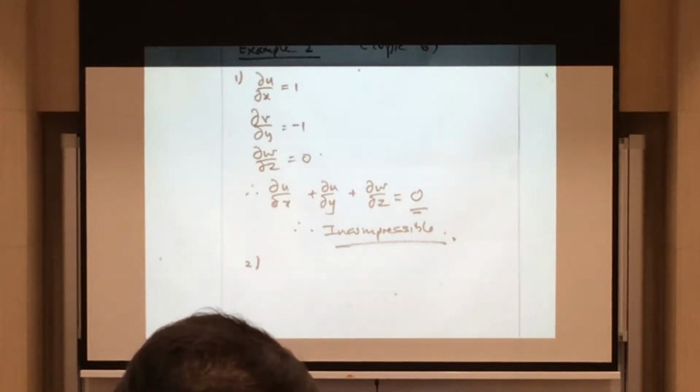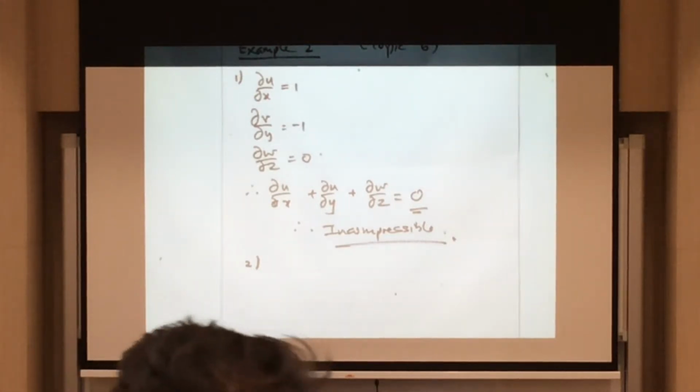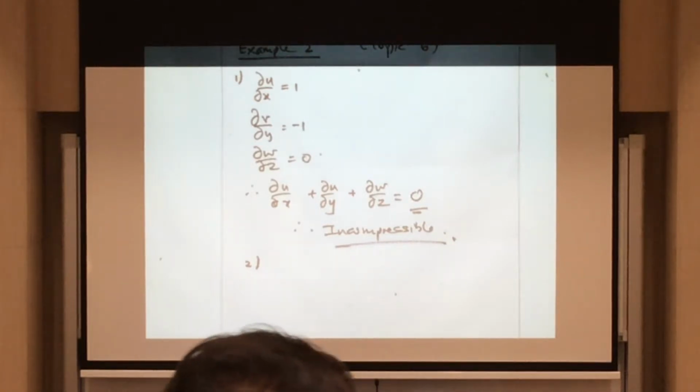So how do we actually find out, by determining the expression for the angular velocity, whether there are vortices or not? Now I'll just give you the expression for the angular velocity.